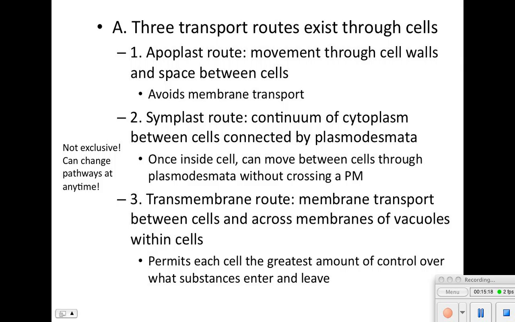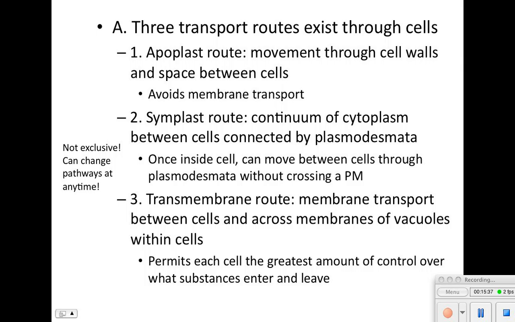And then finally the transmembrane route, where it goes between cells and across membranes of vacuoles within the cells. Now, they interchange between all three. They're not exclusive. They switch back and forth depending on benefits and situations at the time.